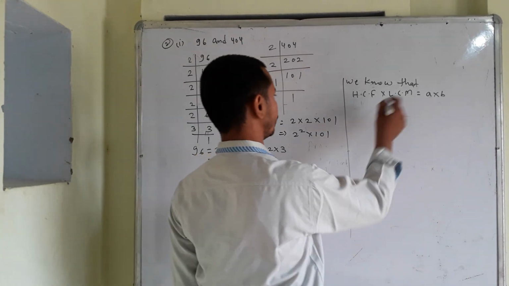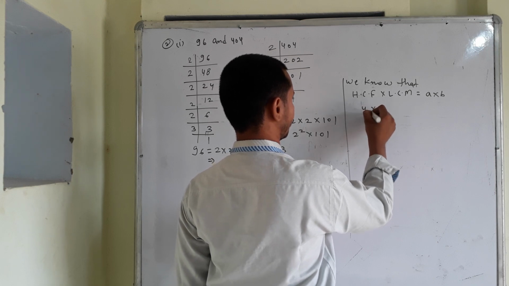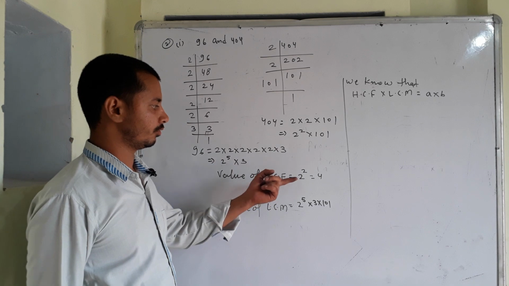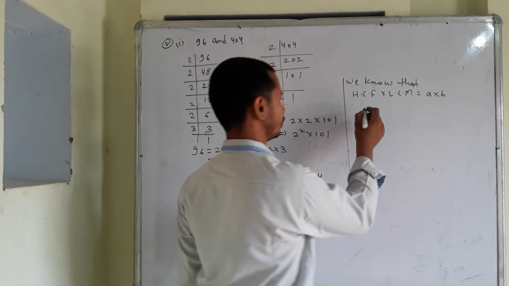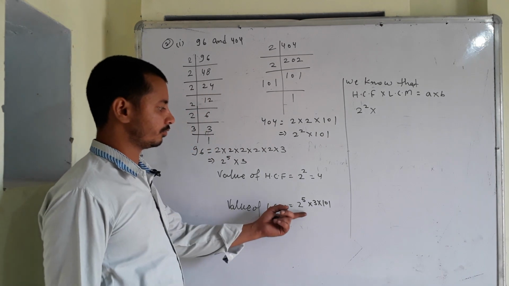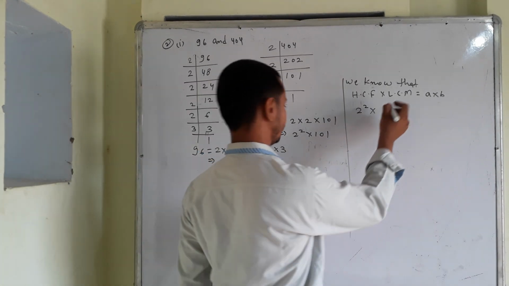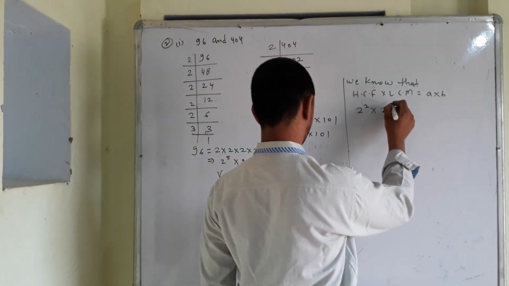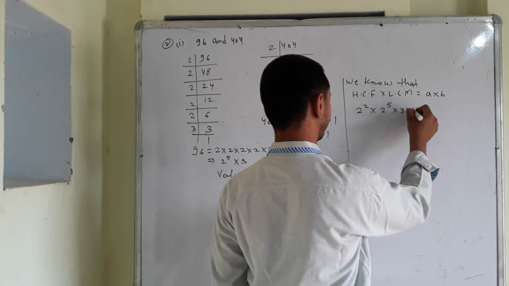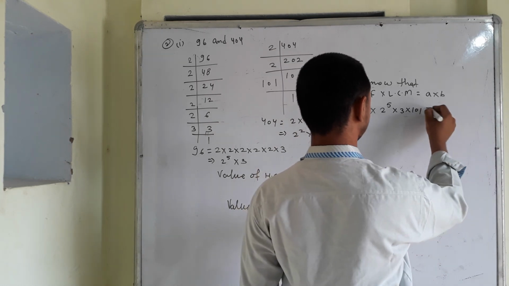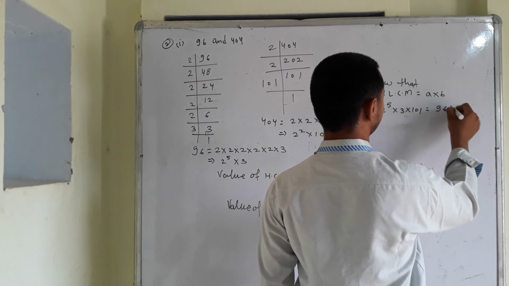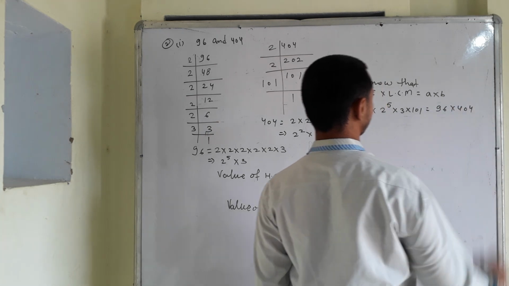Okay, so 4 multiply, write in the form of powers. So 2 square multiply value of LCM 2 power 5 multiply 3 multiply 101 equal 96 multiply 404.